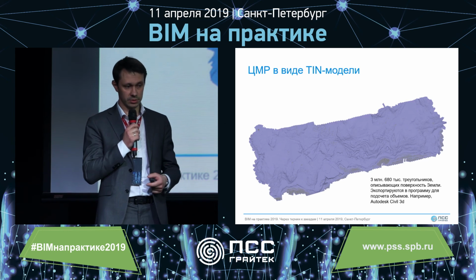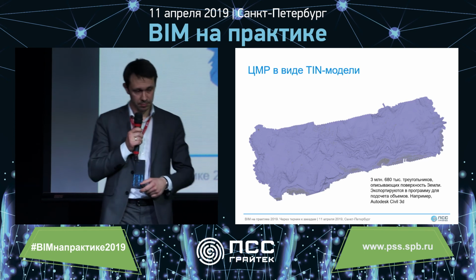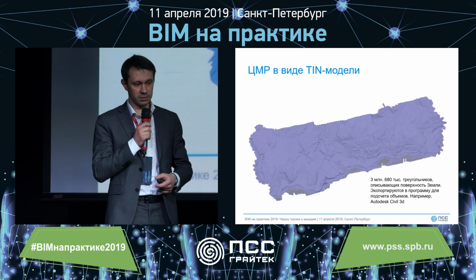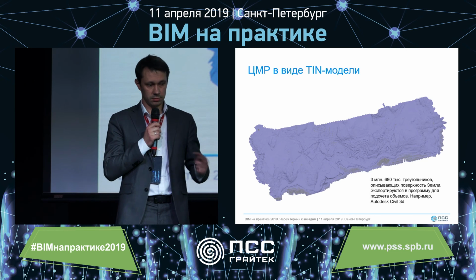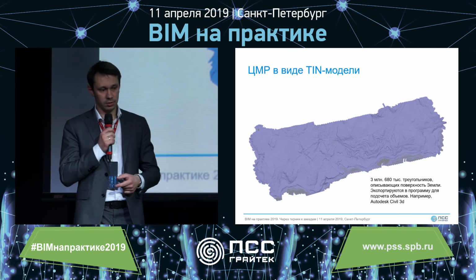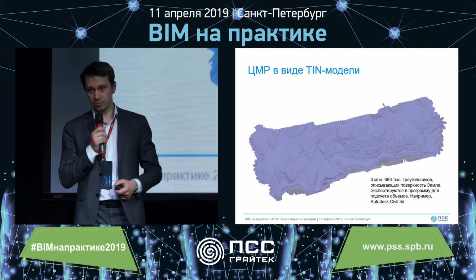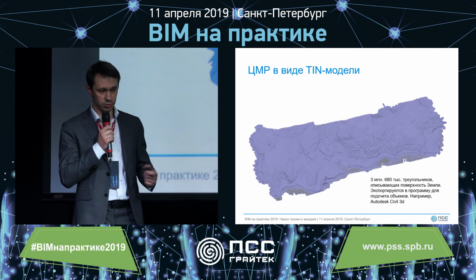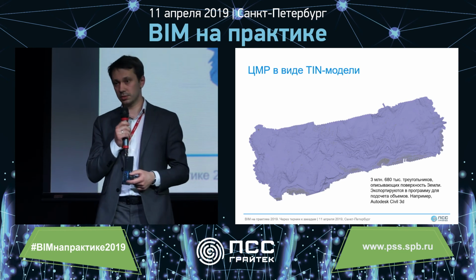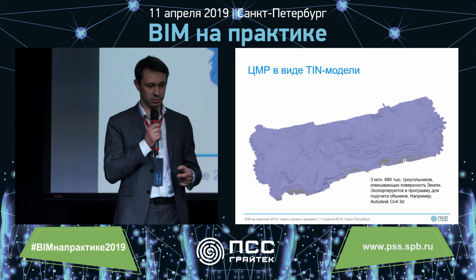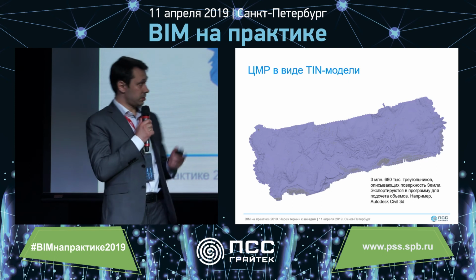For design and current status control, it's better to use TIN model, triangular irregular network, that uses triangles that do not touch each other. This model consists of the same points as a digital terrain model, but it's lighter and can be more easily edited or changed.